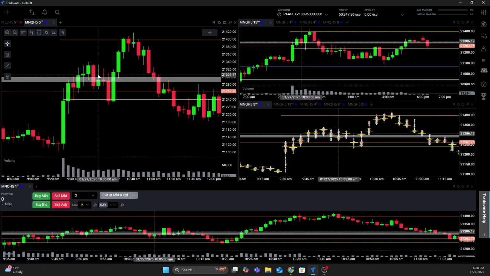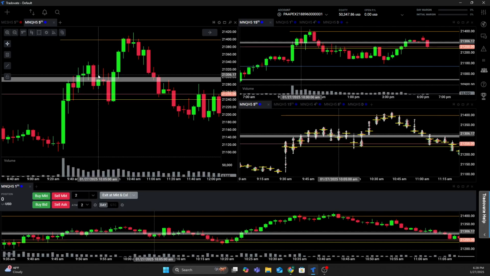It's moving. Price is moving big moves today, so I feel that you have to adjust risk to reward or stop loss and take profit based on the volatility of the day. If price is only moving 30 points, you're probably not going to have a 30-point stop loss and a 50-point take profit.